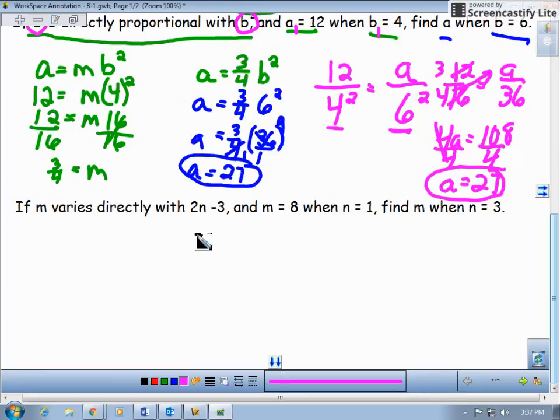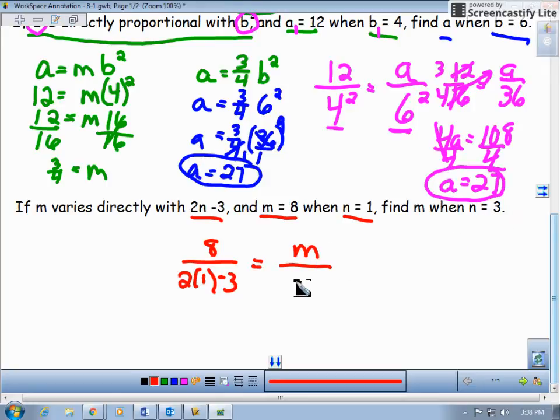Okay, this one is a little bit more difficult, guys. m varies directly with 2n minus 3. Let's just do a proportion here. So m is 8 when n is 1, and I'm going to put it into this equation, 2 times n minus 3. They want me to find my other m when n is 3, so 2 times 3 minus 3.